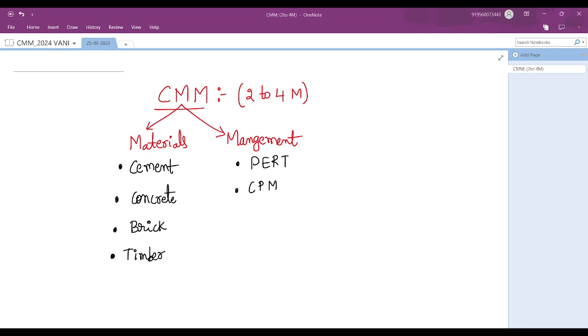Whereas for small weighted subjects like CMM, steel, geomatics, hydrology, irrigation, you concentrate during the sessions, revise after the session, and revise one more time before the examination. That's more than enough. Okay, all of you clear so far?